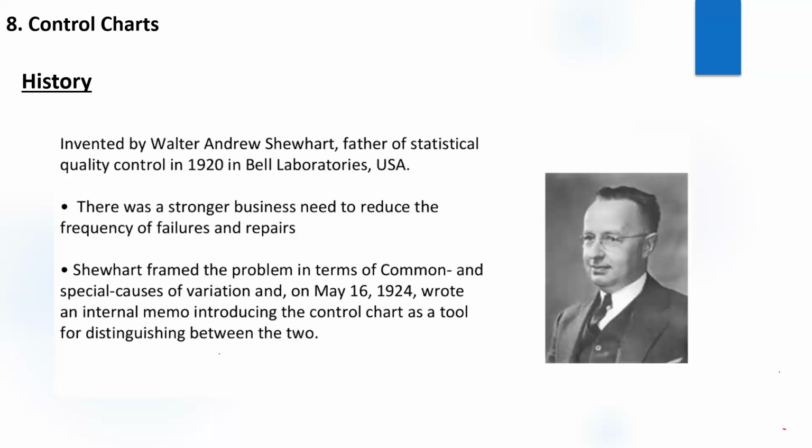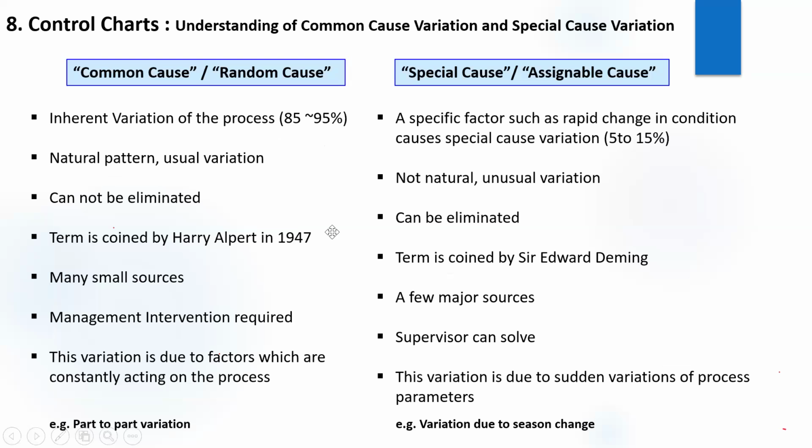So these are called common causes. What are common causes? It is inherent variation. It is a natural pattern. It cannot be eliminated. The signatures will have some difference; that is called common causes. Operators or supervisors cannot solve common cause problems. Management intervention and high technology are required, and even with high technology we will not be able to eliminate the variation, we will be able to reduce it.